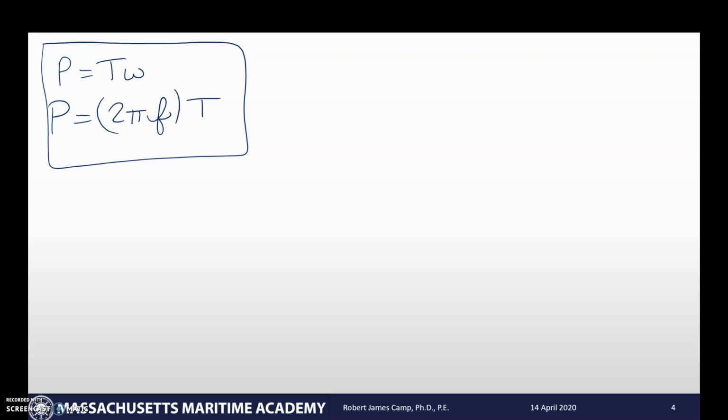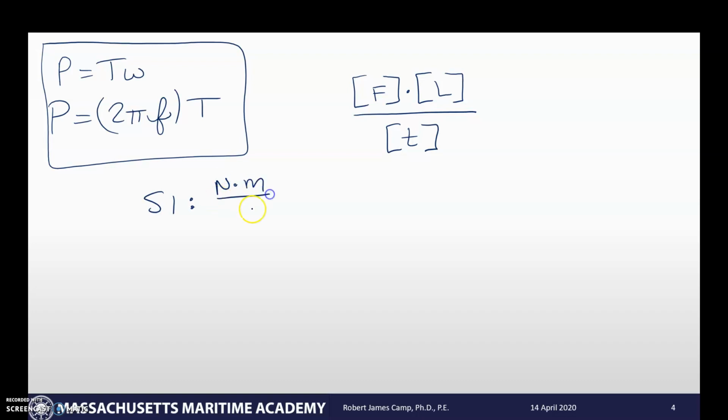So the question is, what about units? Because units are really important. The units of power are going to be in units of force times length over time. So if we take a look at this in the SI system, we'd be looking at a Newton times a meter per second.